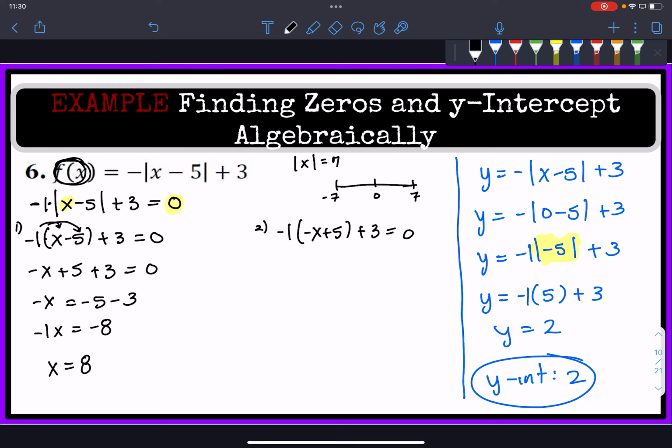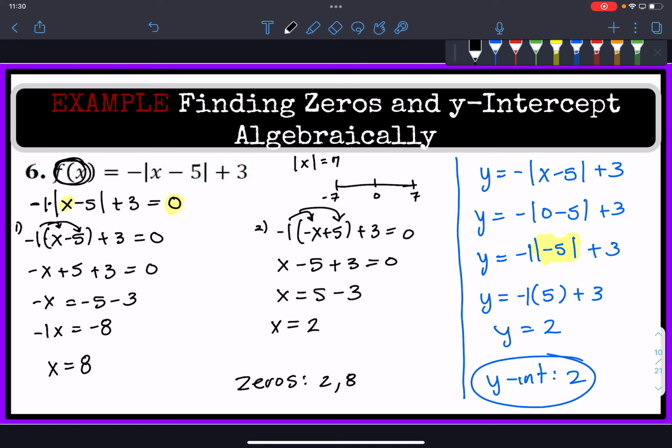So this is one of the zeros. To figure out the other zero, again starting by distributing, we get a positive x this time, a negative 5, plus 3 is equal to 0. Adding the 5 and subtracting the 3, we get that x is equal to 5 minus 3, which simplifies to 2. So here are the two zeros.